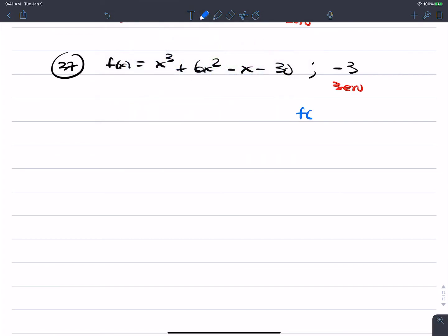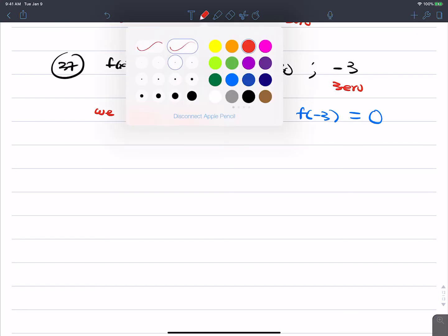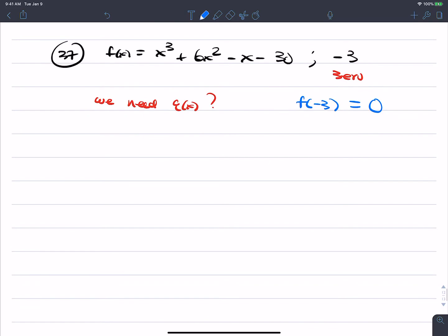So that means f of negative 3 equals 0. Okay, again, to find the other zeros, we need the quotient function. That's where synthetic division comes in. Since k is negative 3, we need our coefficients.